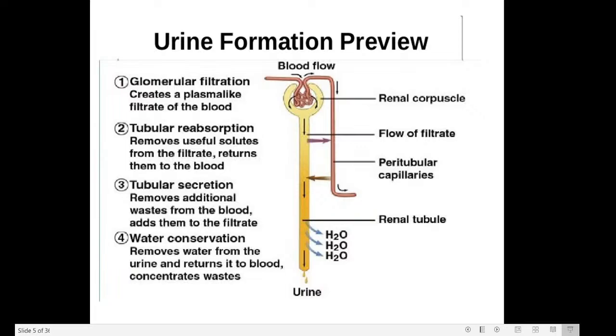Now the urinary tract has only the unwanted things, and tubular secretion removes additional waste. That is the third part. Then water conservation removes water from the urine and returns it to the blood, leaving concentrated waste.